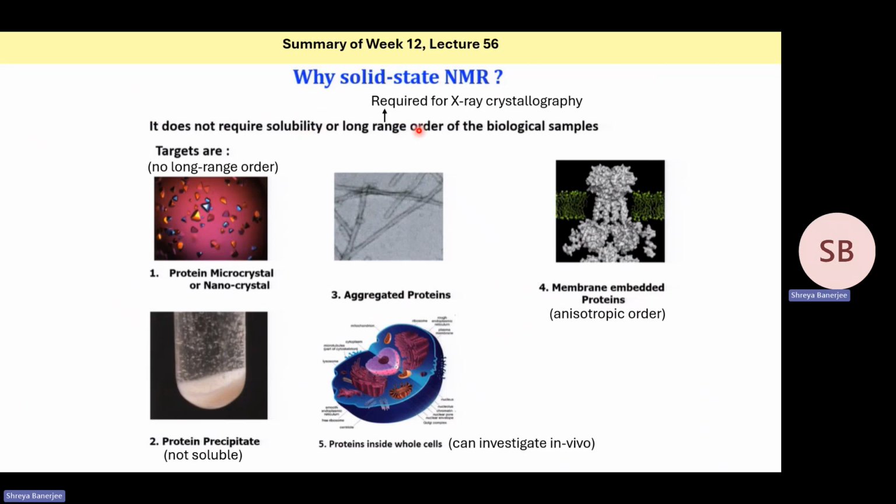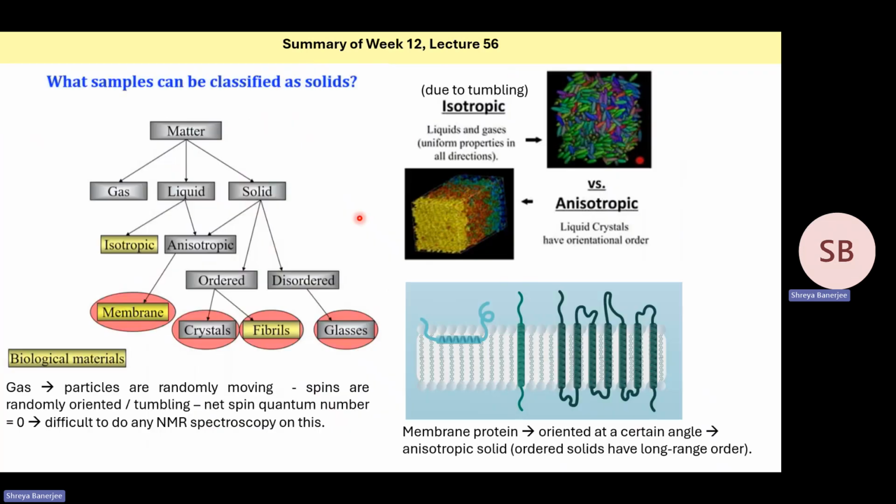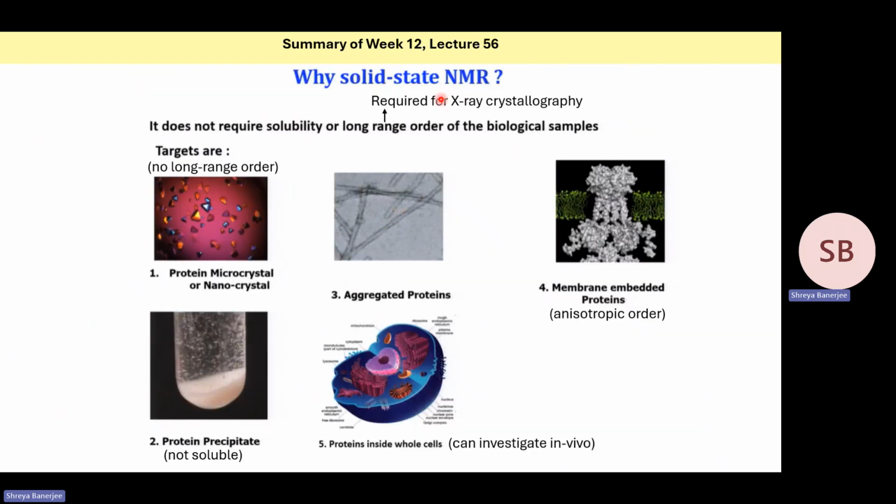Or you can have samples where there is no long range order. X-ray crystallography, we can only do for crystals which have long range order. But you might have short range order, which we just discussed, where order is present only in a small region. For those kinds of solids, X-ray crystallography is not valid. So that is another use of solid state NMR.